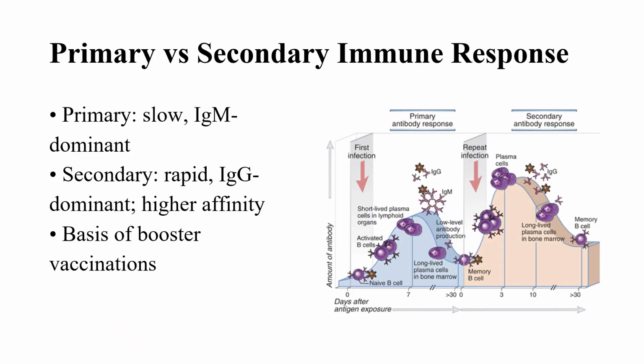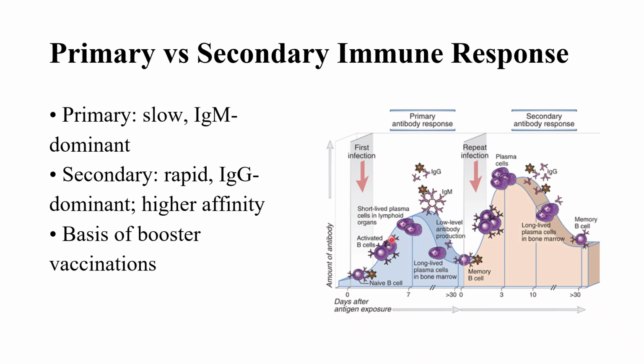Imagine encountering a pathogen for the very first time. The immune system approaches with caution, almost like noticing a stranger in a crowded room and taking a moment to decide whether they're a threat. This is the primary immune response, and it naturally unfolds more slowly. Naive B cells need time to activate, multiply, and start producing antibodies.